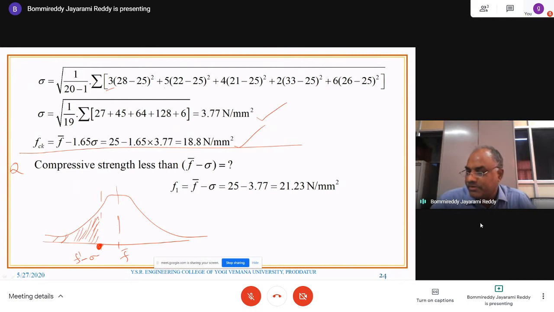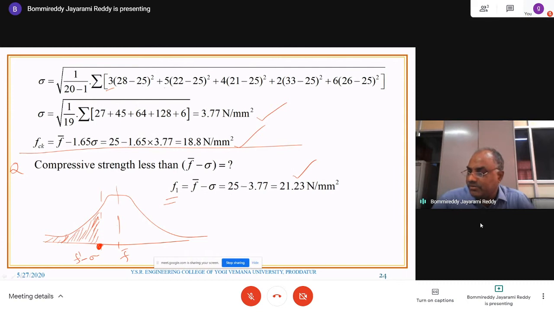Earlier 1.65 was used. What is 1.65? It corresponds to 5% of area. So here the area is such that it is F bar minus sigma. Now K is equal to 1. So what you do: F1 equal to F bar, already known, F bar is 25 minus standard deviation 3.77, and this is the value.